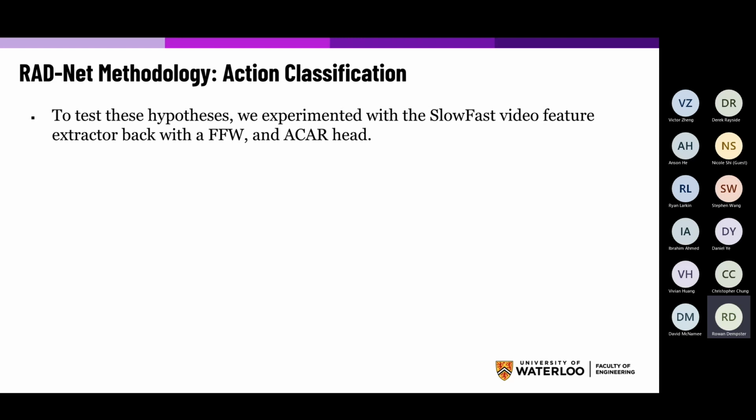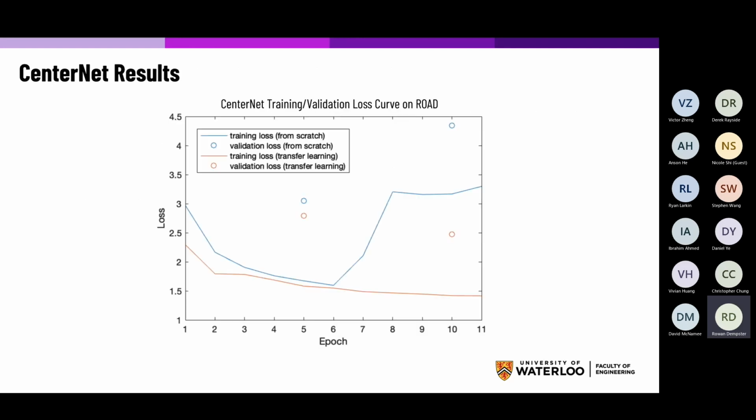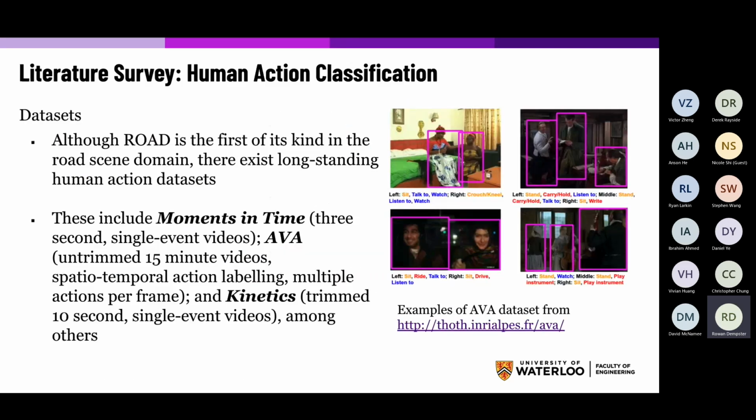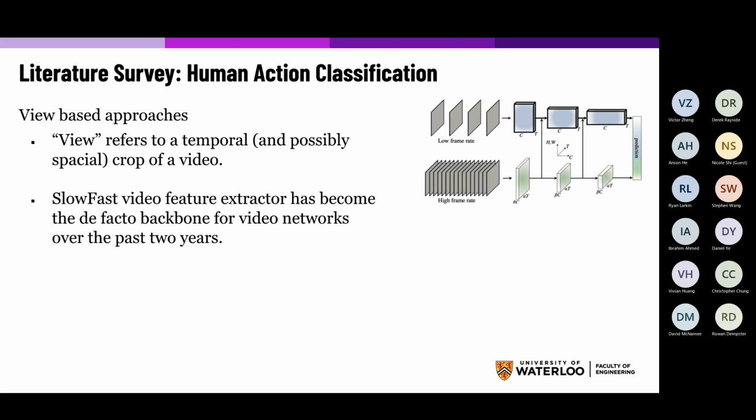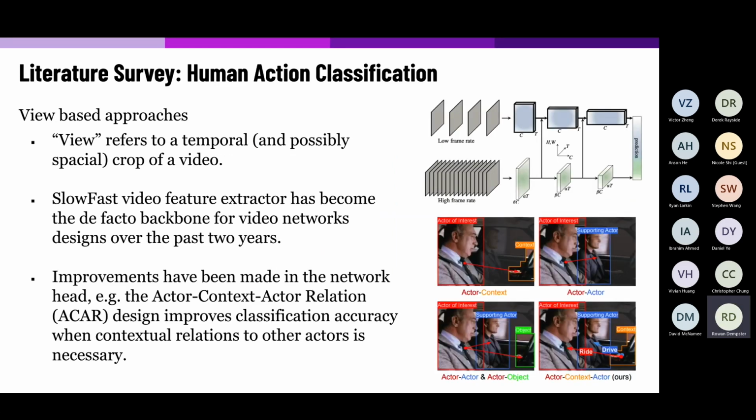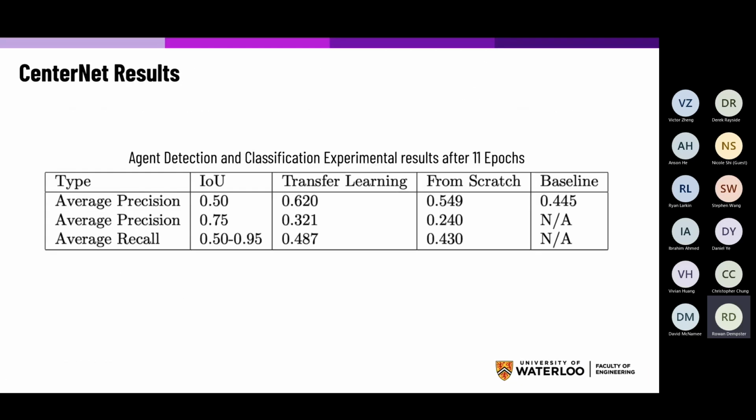You can use a feed forward head that just reduces the dimensionality back to your smaller classification space, or you can use a more complicated relational based head called actor context actor relation head. The details will be in the literature review. Actually, there's a whole other presentation on the literature review that'll have more detail, so I can forward you that as well.